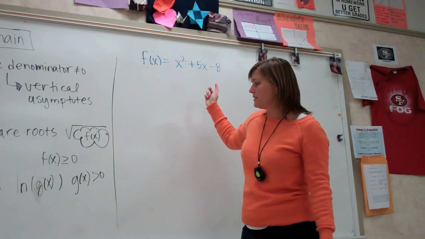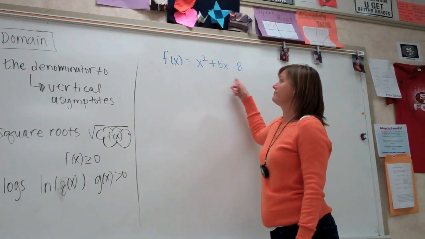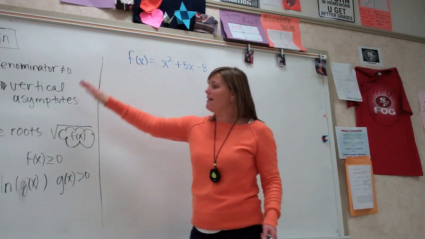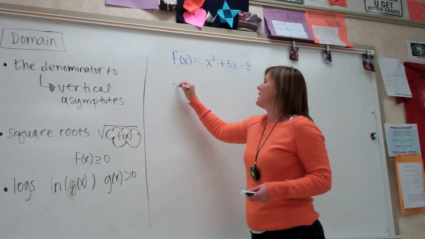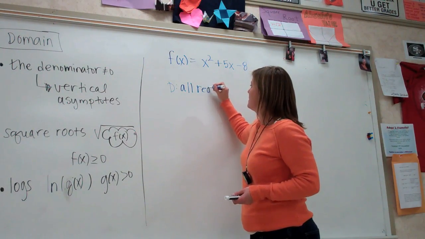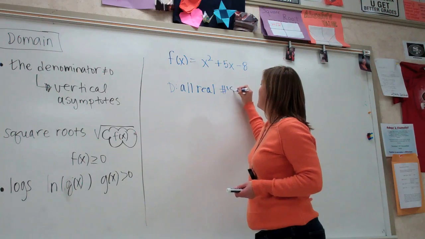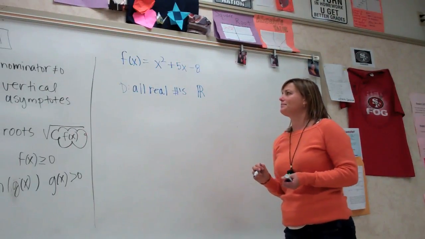No. What about logs? No. If nothing restricts the domain, then the domain is all real numbers, and remember, we use that funny capital R with the double bar on the side.